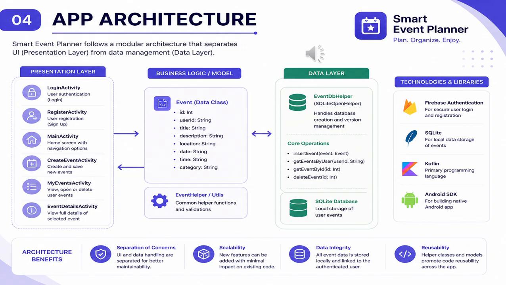Firebase authentication is used as an external service to manage user login and registration securely. This separation of concerns improves maintainability, scalability, and code reusability. So this is the basic app architecture of Smart Event Planner.